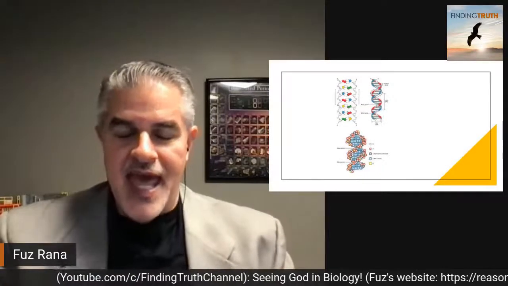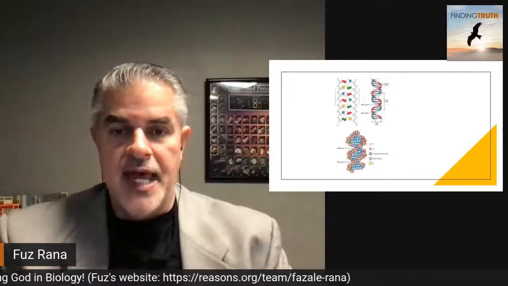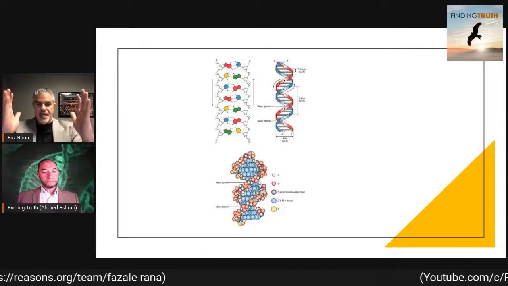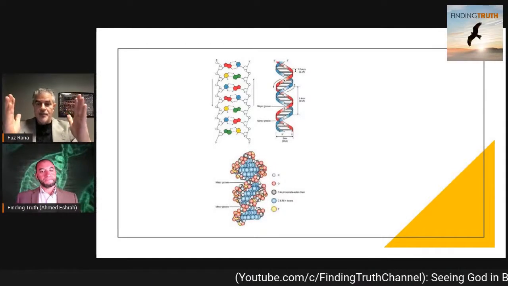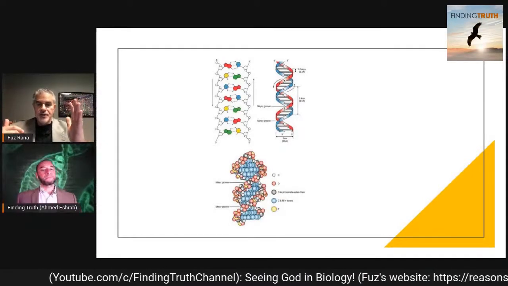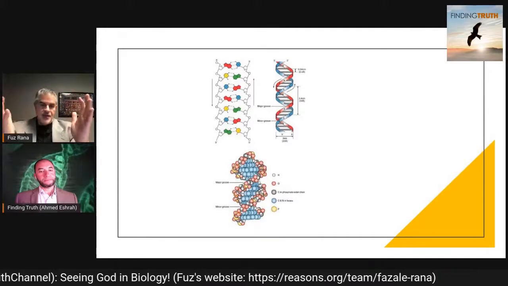And there are four subunit molecules that are used to build DNA. These are the genetic letters. They are abbreviated A, G, C, and T, and it's that sequence of genetic letters that contains the information in DNA. And as it turns out, the two strands of DNA, to first approximation, align in a parallel manner, but in actuality, it's an anti-parallel arrangement where the top of one strand aligns with the bottom of the other strand.